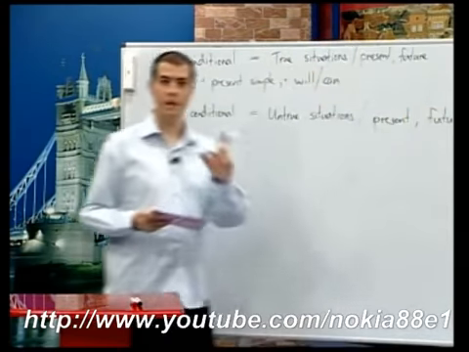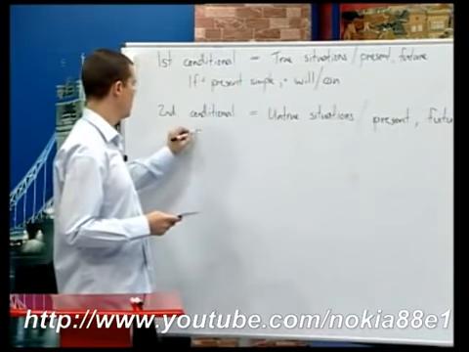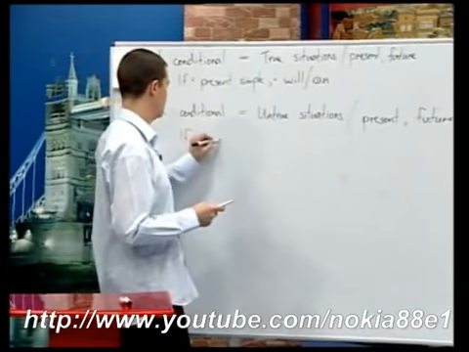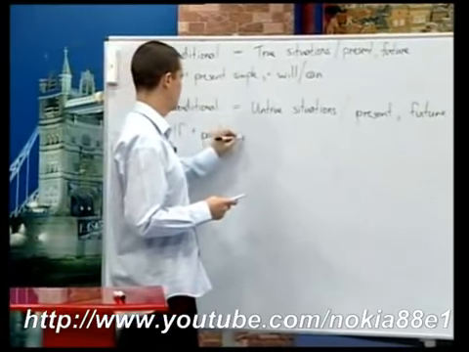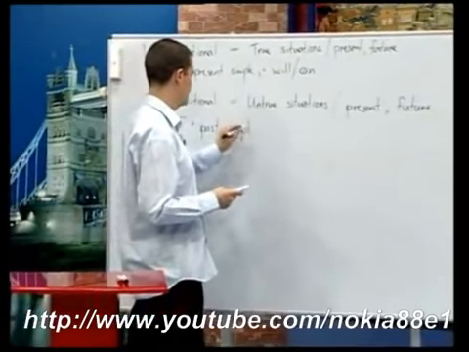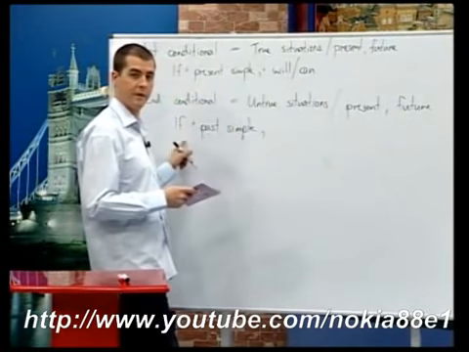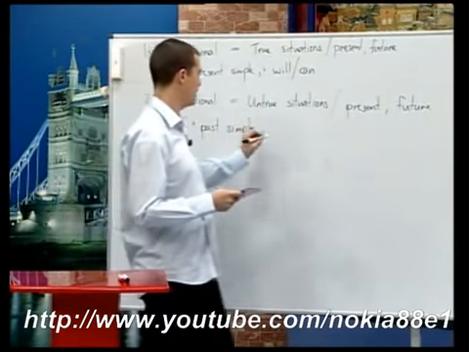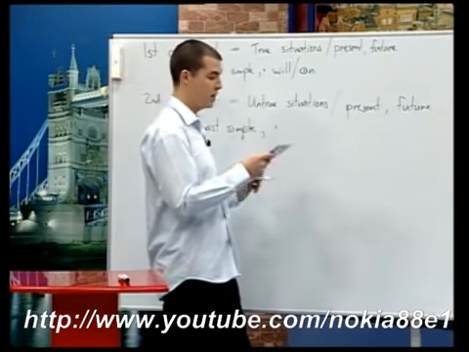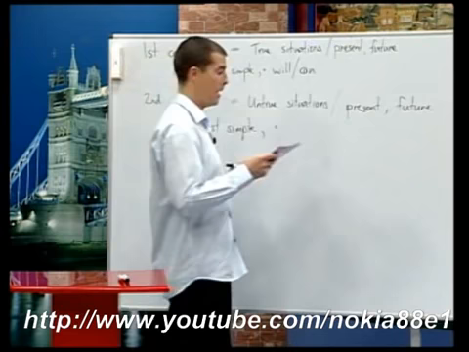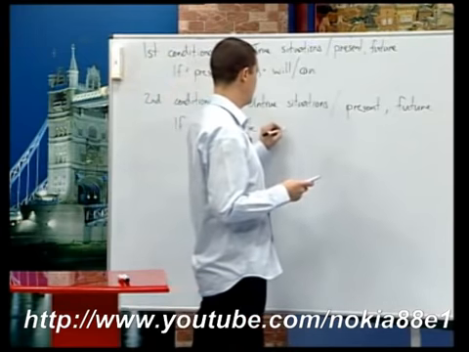Okay, in the if clause, we use if plus simple past, past simple, and a comma if it's the first clause. If if begins, we have a comma, and then in the second clause we use would or could plus a simple form.